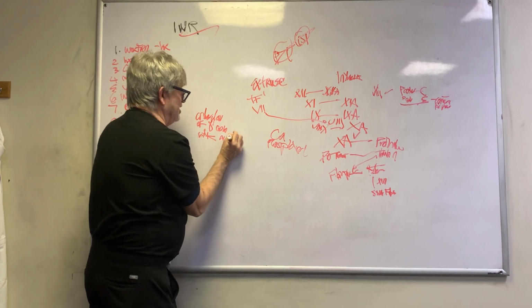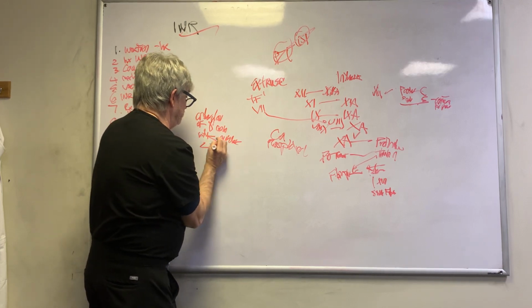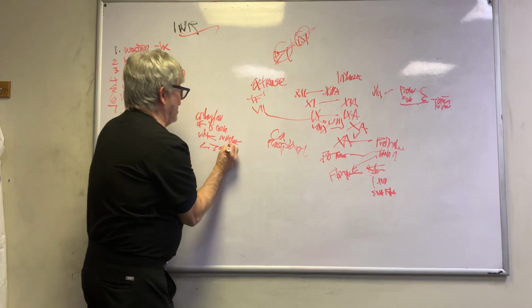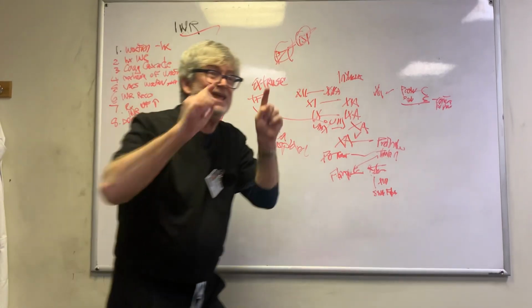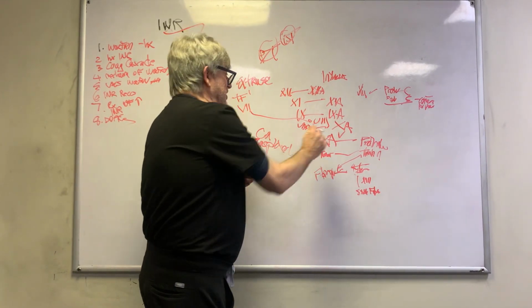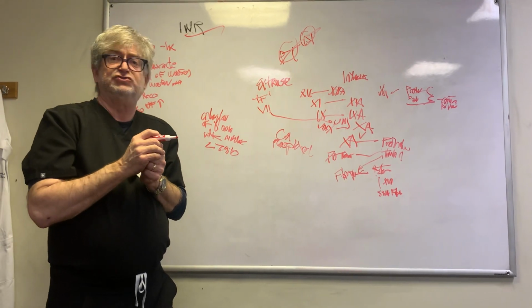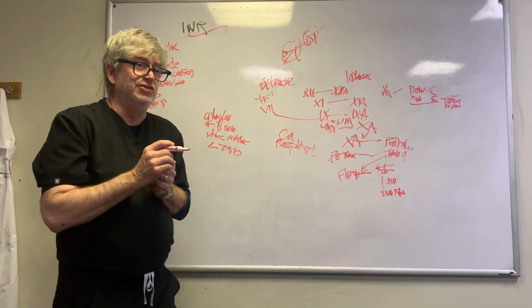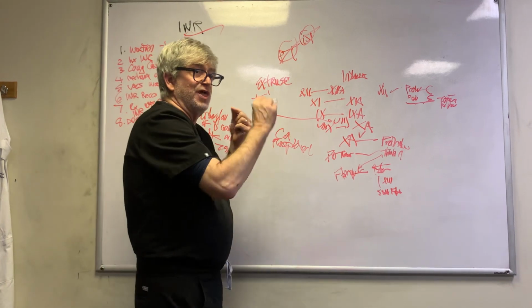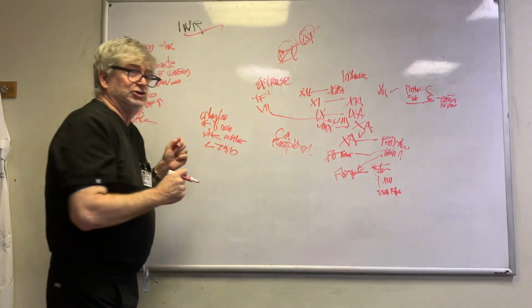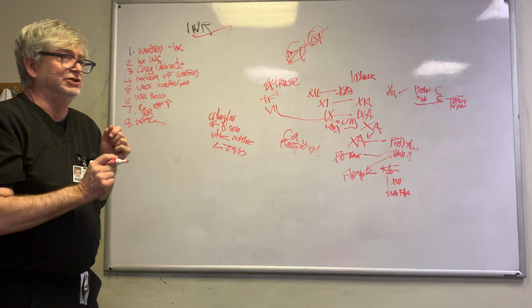So it affects the vitamin K dependent factors 2, 7, 9, 10. And these factors are rendered inactive because they cannot interact with calcium and phospholipids. They don't work. That's the mechanism. It inhibits the enzyme vitamin K epoxide reductase, or VKOR.